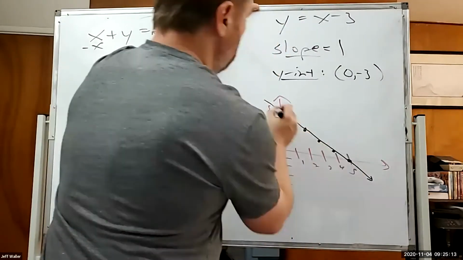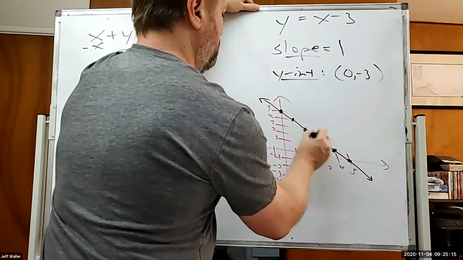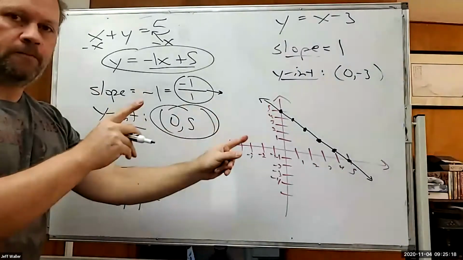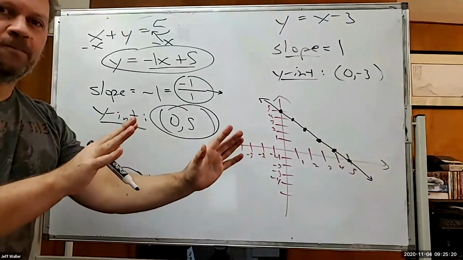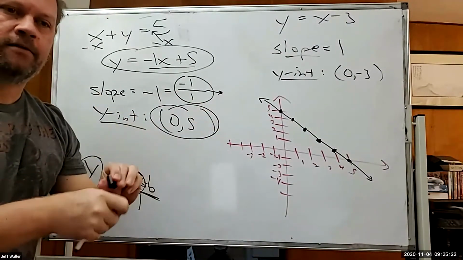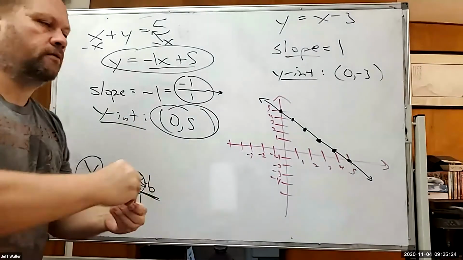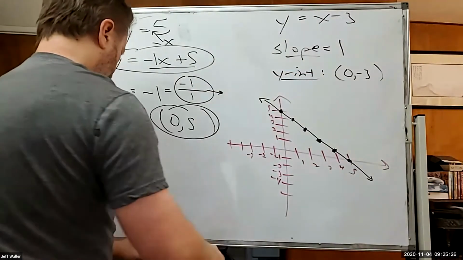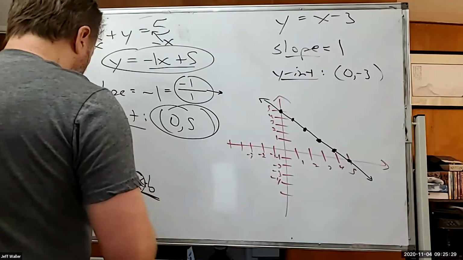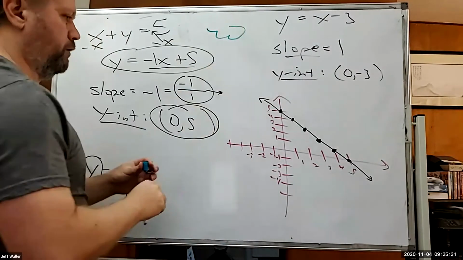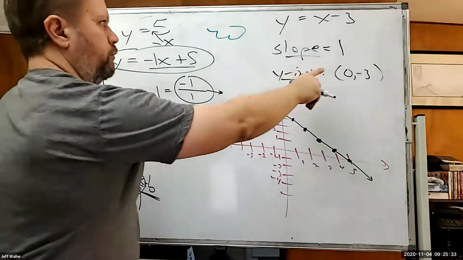All right. Make those big. There we go. Now, on top of that, graph this. Maybe I'll do it in blue. Okay. So where do I start for this line?